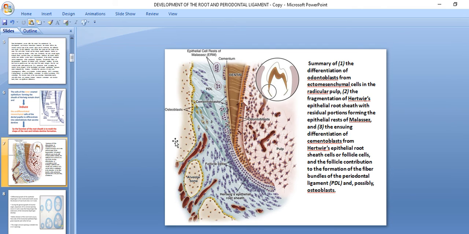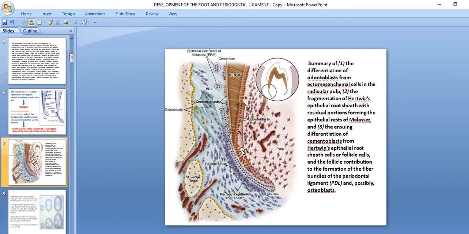Above the root diaphragm towards the developing crown, the cells of the internal layer of the epithelial root sheath induce the peripheral cells of the dental papilla to differentiate into odontoblasts, and here you can see the differentiating odontoblasts at different stages of differentiation.